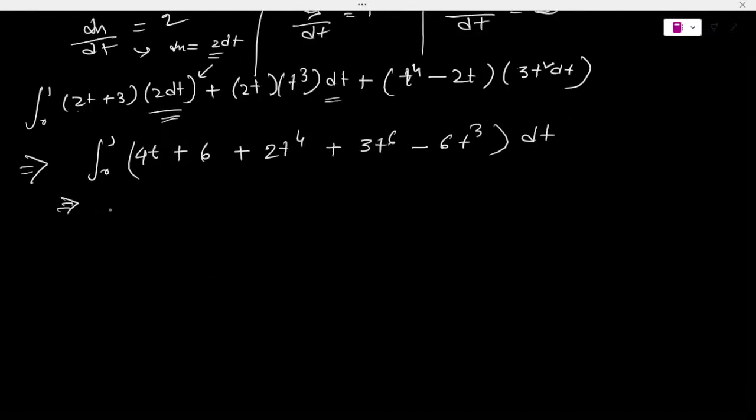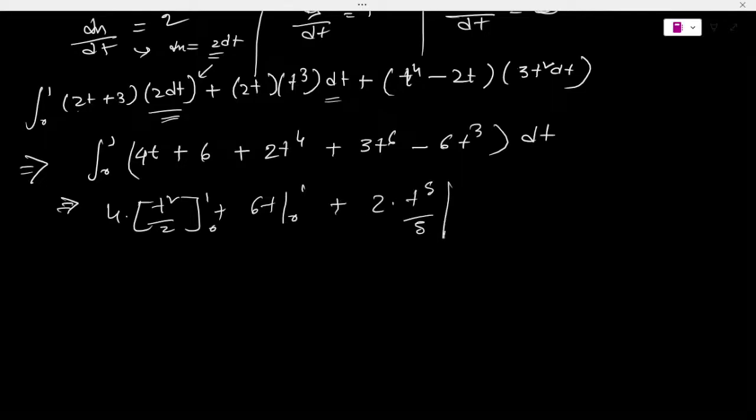So for this it will be 4 into t square by 2 plus 6t, 0 to 1. After integration, 6 will be 6t 0 to 1, plus 2 into t to the power 5 by 5, 0 to 1, plus 3 into t to the power 7 by 7, 0 to 1, minus 6 into t to the power 4 by 4, 0 to 1.